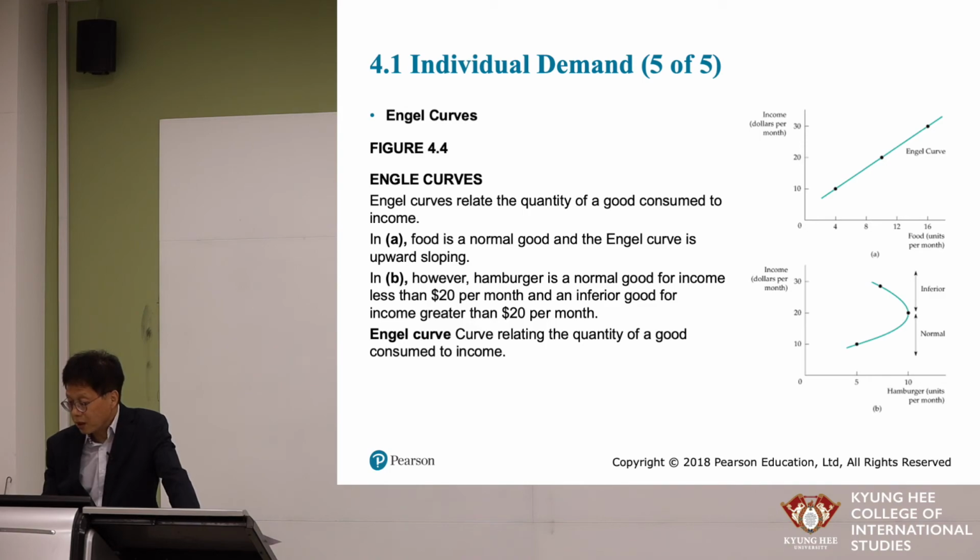Your demand for hamburger decreases instead of increasing, right? There is a negative relationship between income and consumption of hamburger. So it is inferior in this case, an inferior good for income greater than $20 per month. The Engel curve relates the consumption of a good to income, demand for a good to income. That is the Engel curve. Got it?